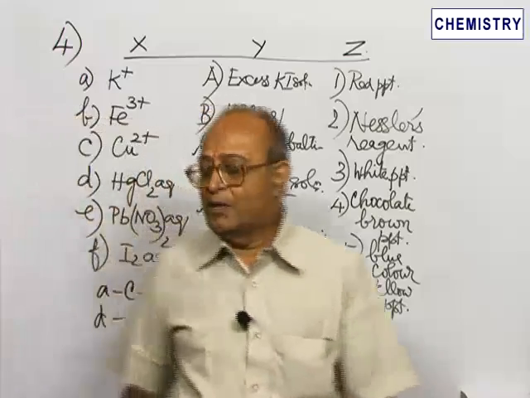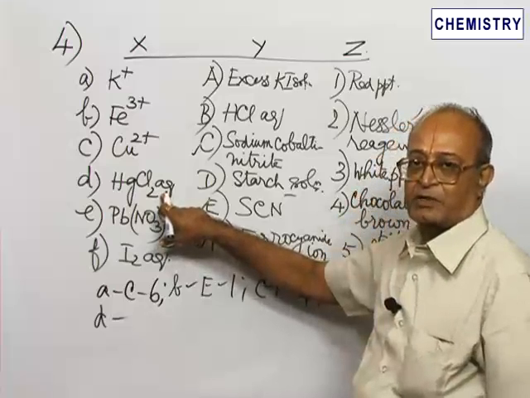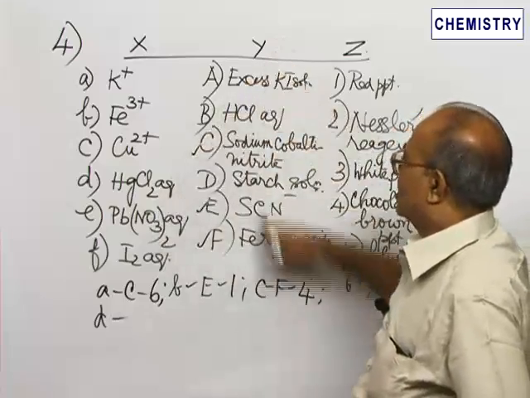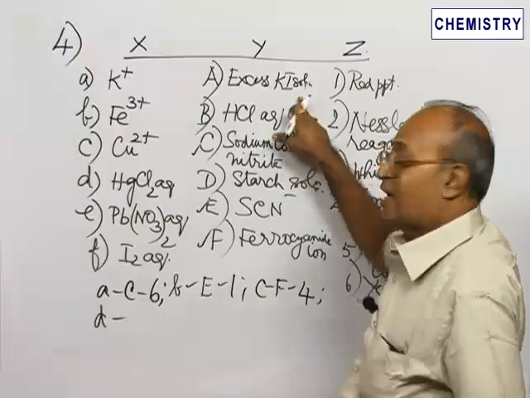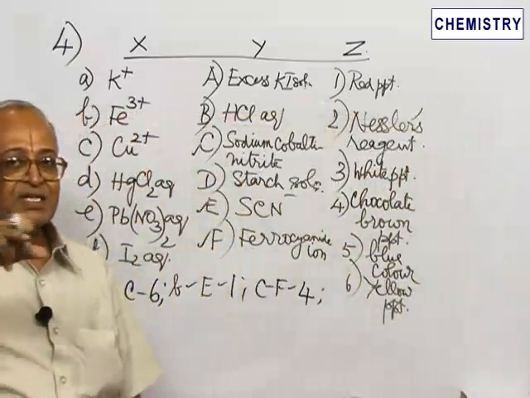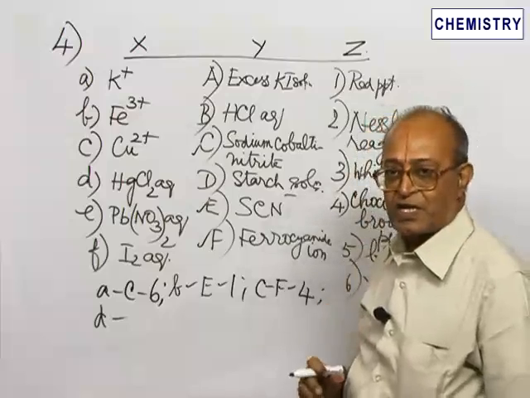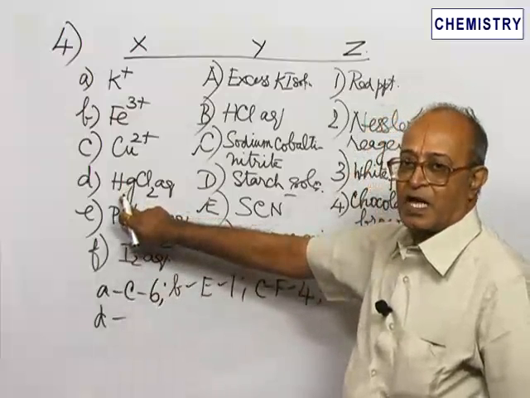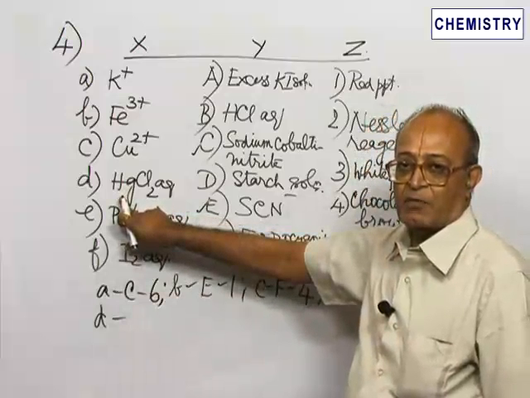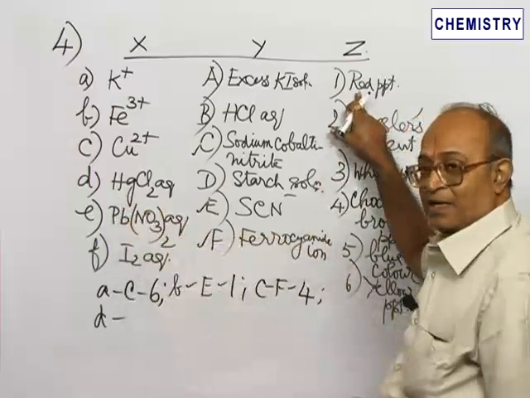Now here stannous chloride is not given, but KI solution is given, but it is mentioned as excess KI. When you add KI solution, first, if mercuric ion is present, mercuric iodide is precipitated as a red precipitate. So immediately don't come to the conclusion that 1 is the correct answer.